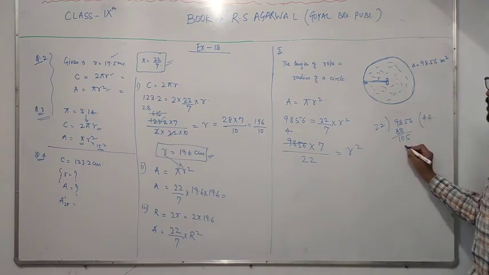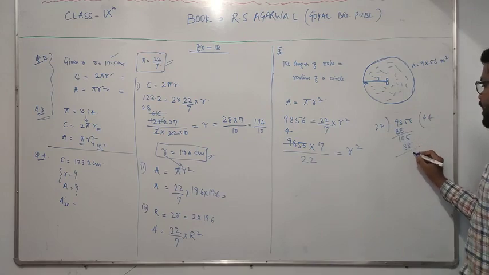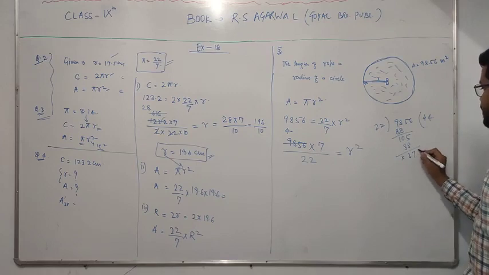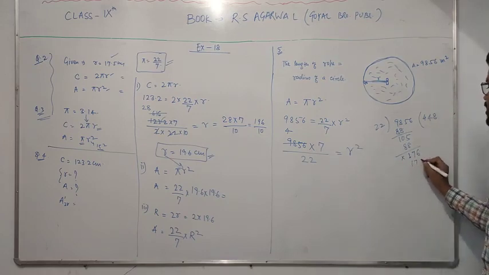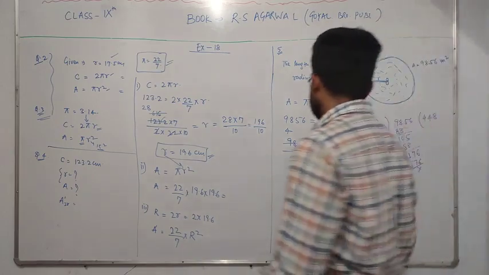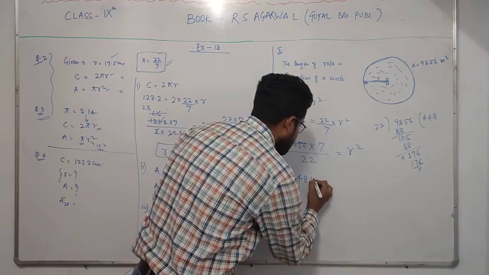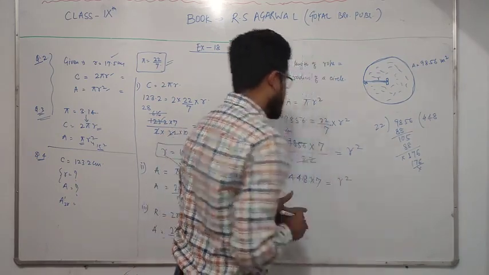Again 22 4s are 88, so this is 8, 7, 15, and this is 1. This is 448 into 7 is equal to r square.